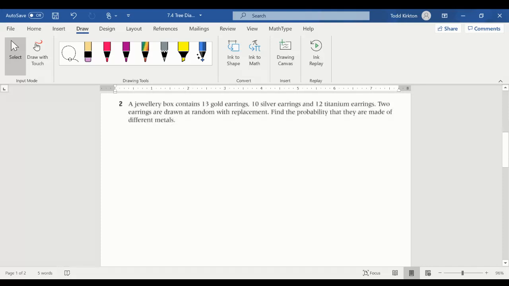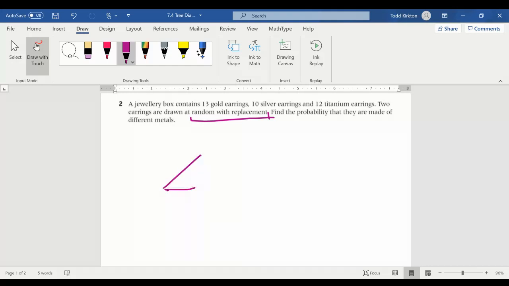Okay, we started on this one in class, and people were having a little trouble drawing a tree diagram here. Make sure you have plenty of space. So the difference here is that we're drawing these earrings out with replacement. So we put them back in after we draw one. So you have 3 different colors: gold, silver, and titanium, or materials.